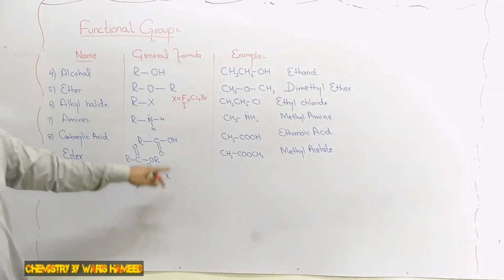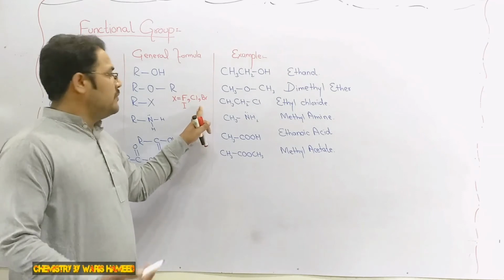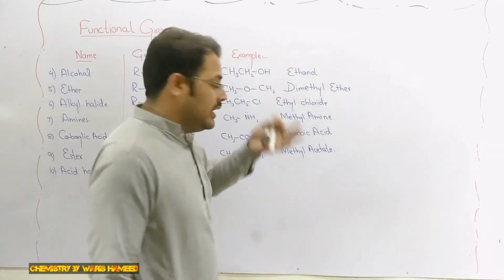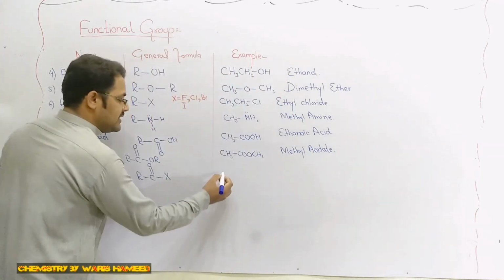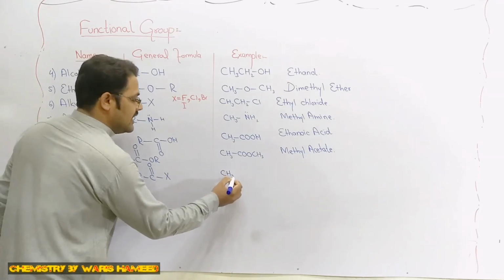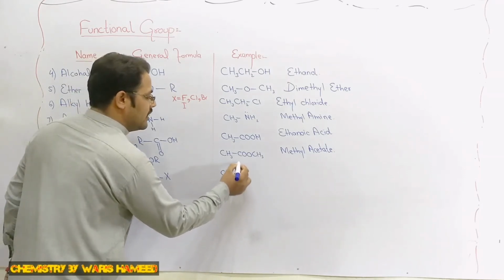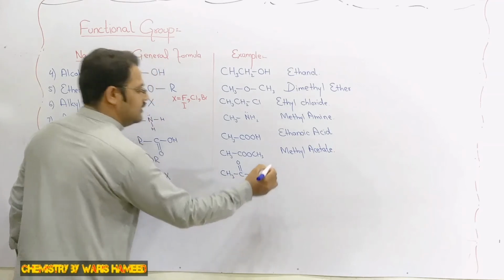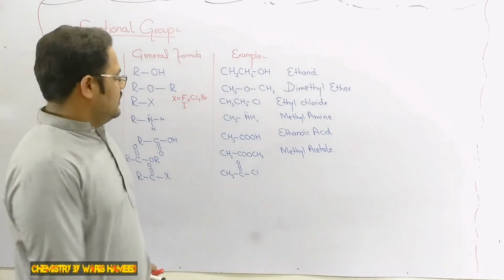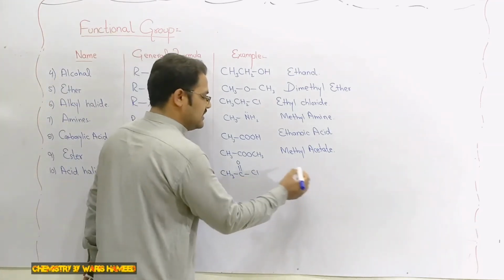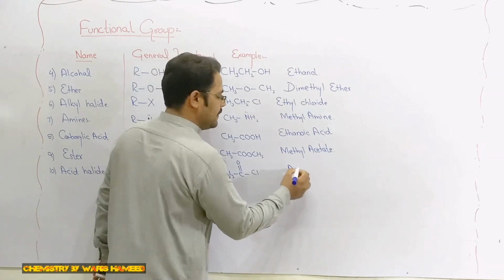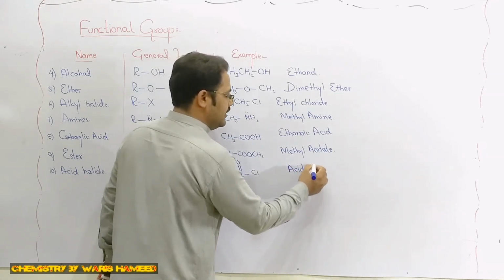And X belongs to the halogen family. It may be fluorine, chlorine, bromine and iodine. For example, CH3 single bond C double bond O and Cl. It is acid chloride.